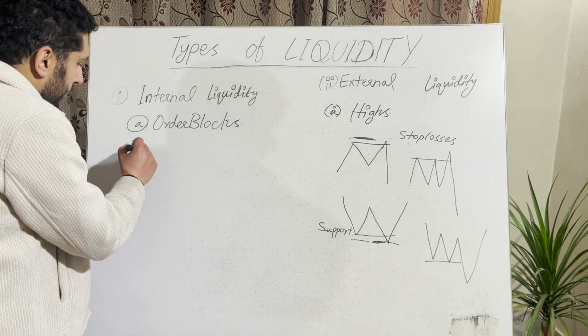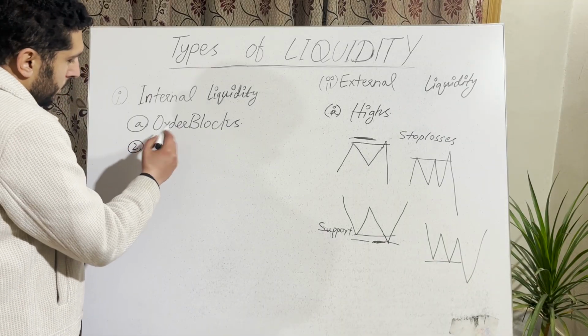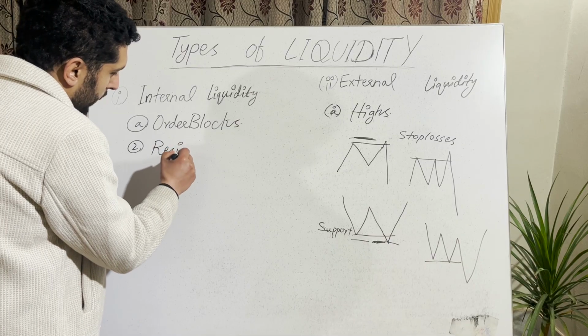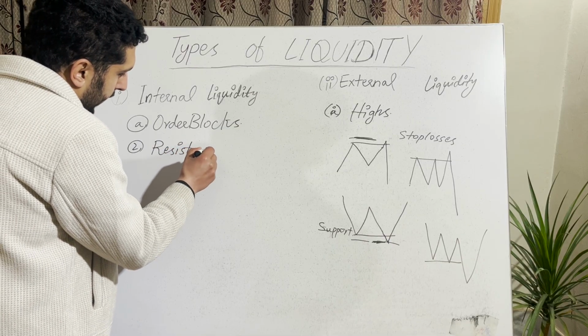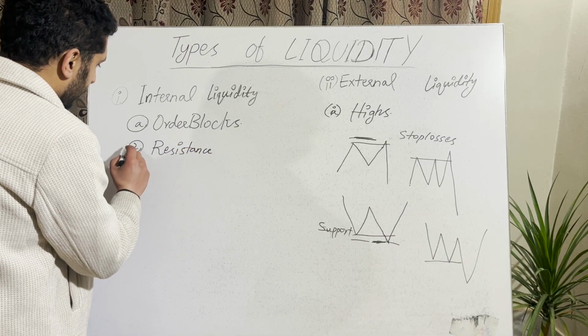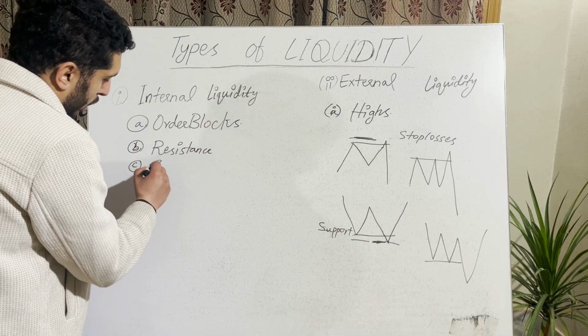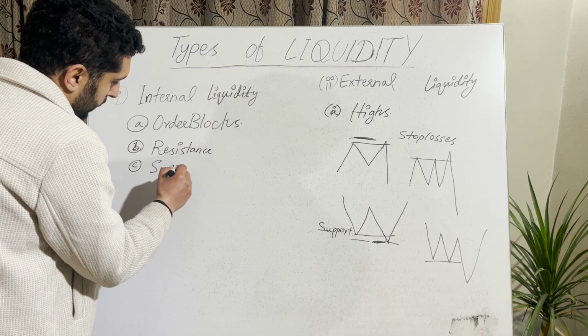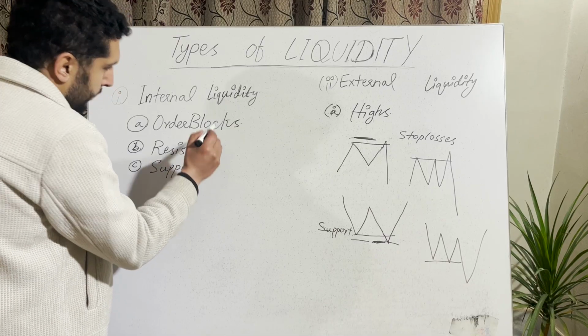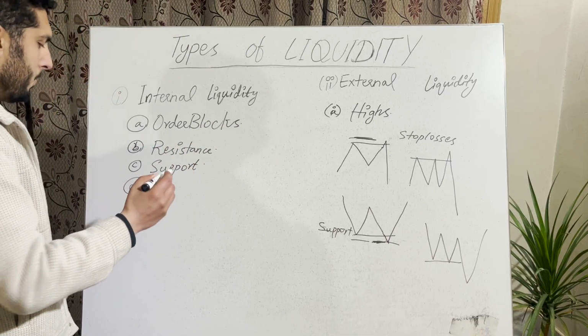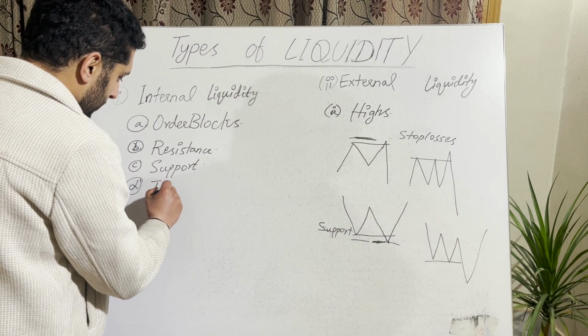The second one is resistance. The third one is support. The fourth one is trend line.